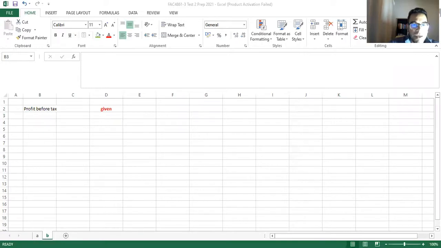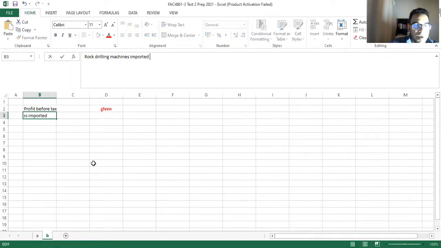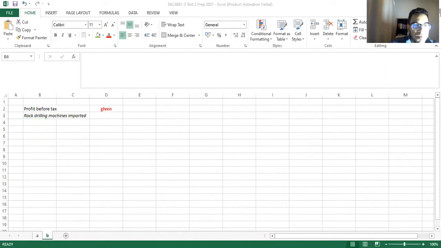Point number 1 is the rock drilling machines. So we will do that. Point number 2 is the disposal of the investment.